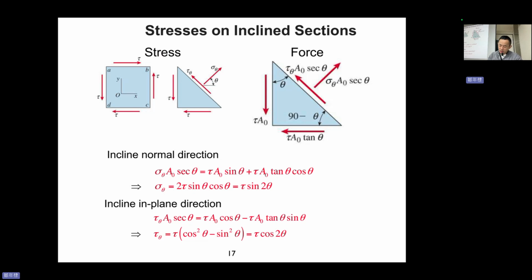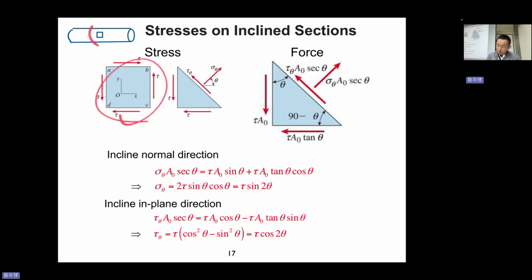And you can see that what we see here is a small element in the middle, okay?